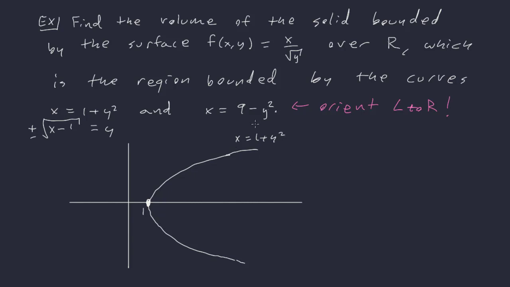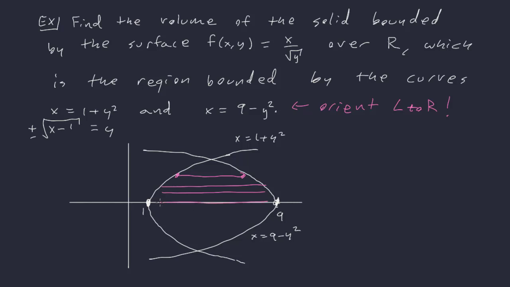Okay, now 9 minus y squared, that's going to be a sideways parabola opening the other way. Okay, so then it's a question of, well, what region is it that we're talking about? And remember, if we're talking left to right, and we're talking about bounded, it's going to be this region here. Because we're not really told anything else about it except this. Now we don't have to swap the order here, at least I hope not.